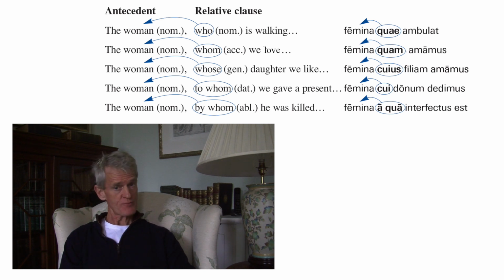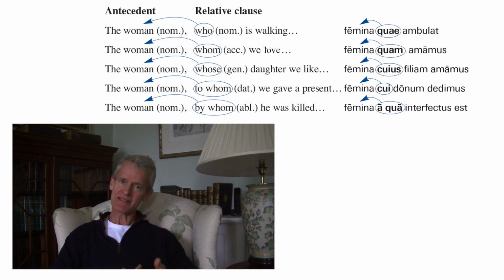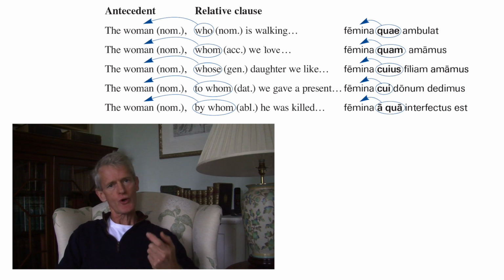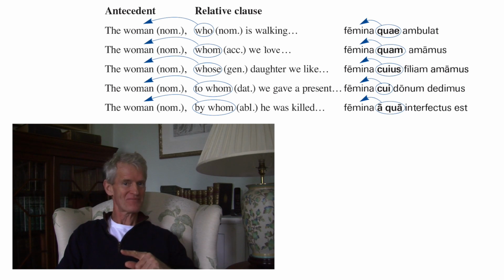Now that relative pronoun, to whom, it's referring to the woman who's feminine and singular. So it's going to be feminine and singular. But which case? To whom. Dative case. So we're going for cui. It's a rather hard pronoun that. It looks like quae, and people often go quae, quod, quam, quod, coos, cooey.